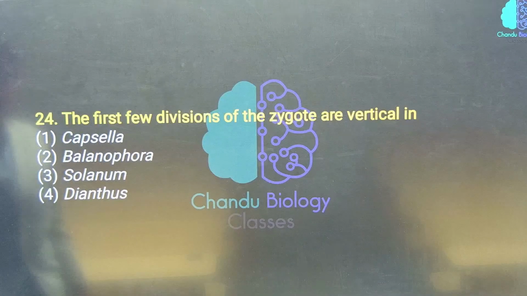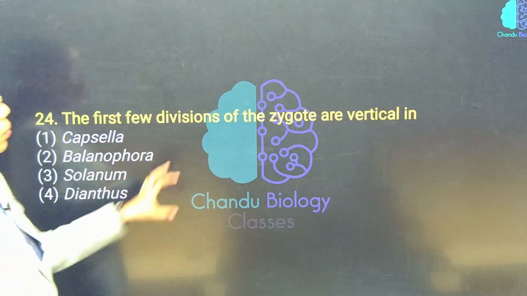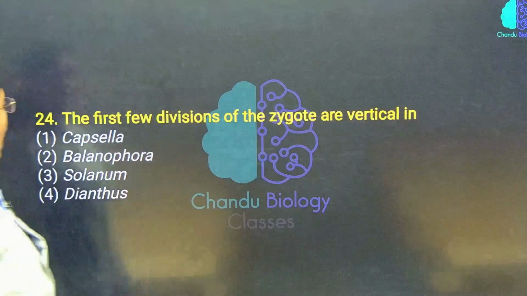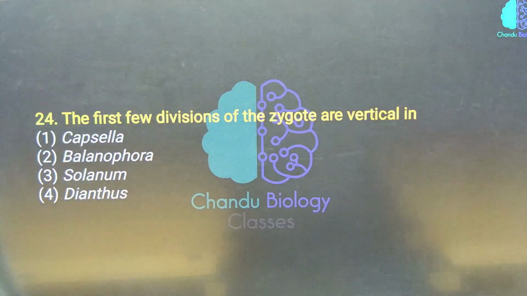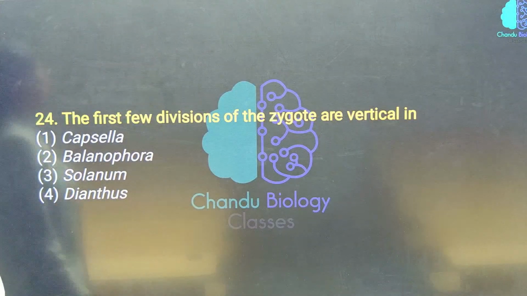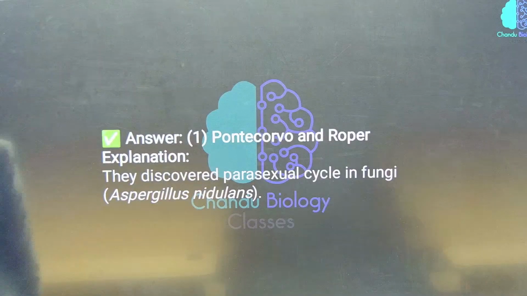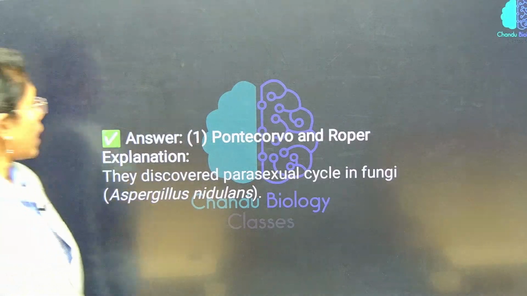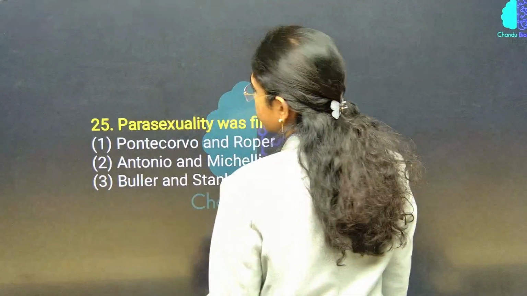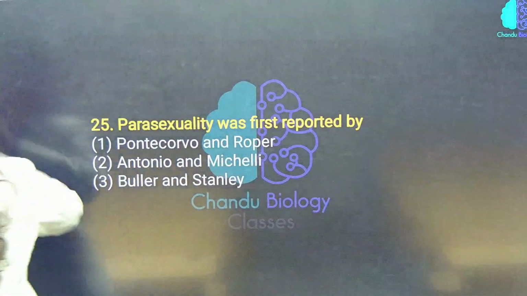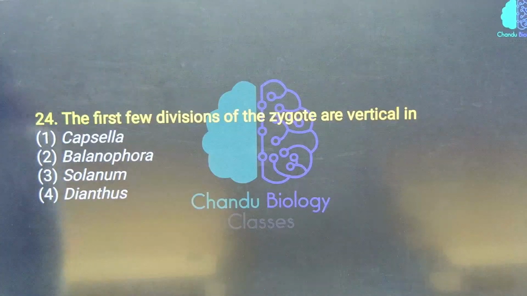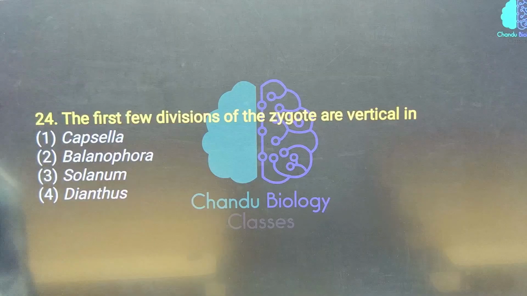Next question. The first few divisions of zygote are vertical in.